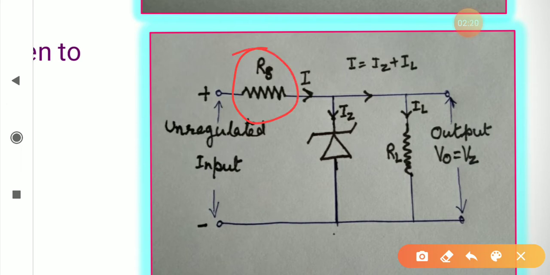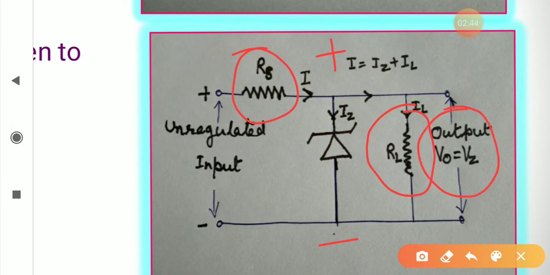The Zener diode is reverse biased. This P side is connected to negative terminal of battery, N side connected to positive terminal of battery, and it is connected in parallel with the load, which can be your television or any other electronic device. The output is obtained across this device only.